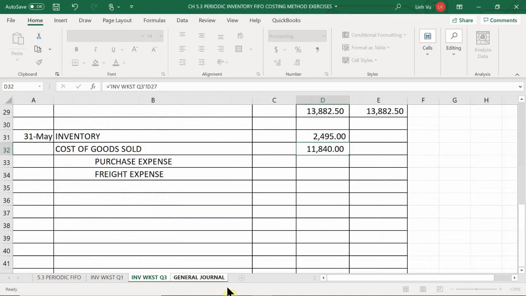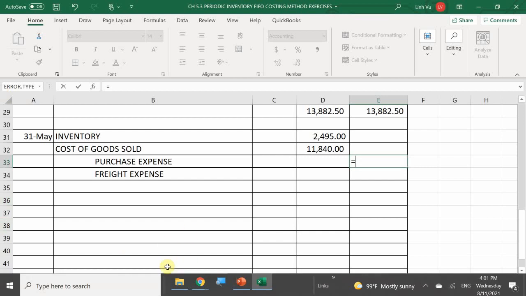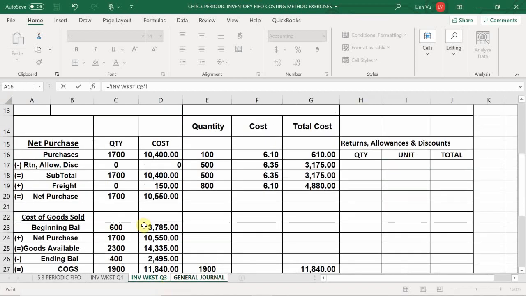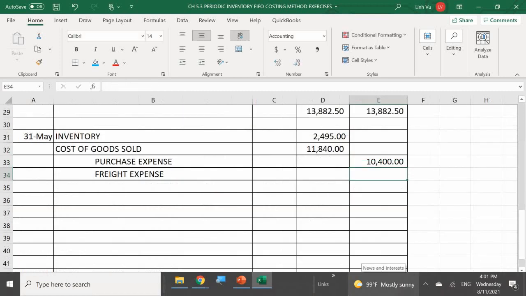What's the difference between these? 3,785. And where do we see this number? It is the beginning merchandise. Exactly. It's the merchandise I had in the very beginning.